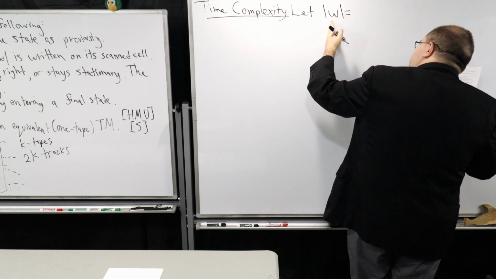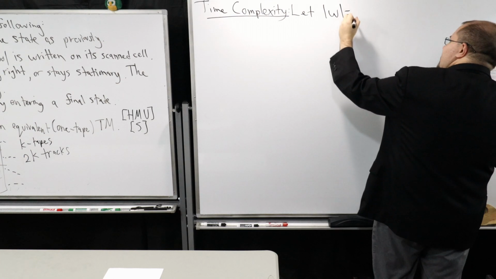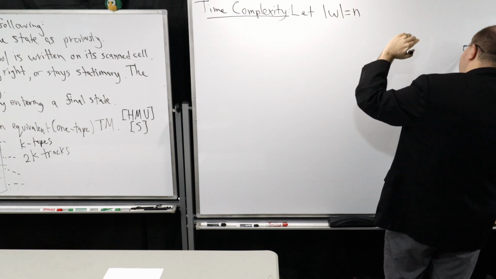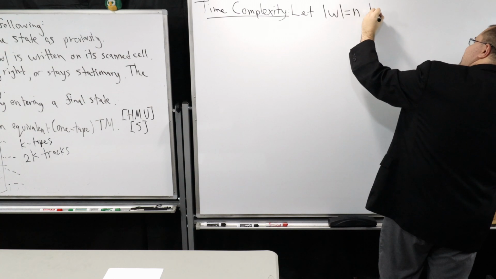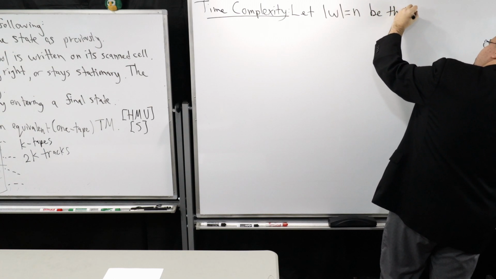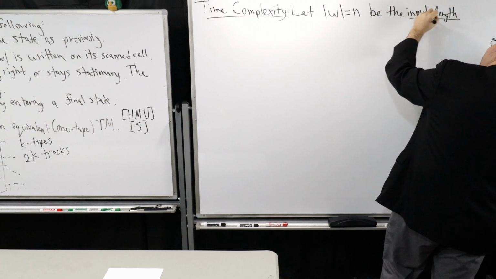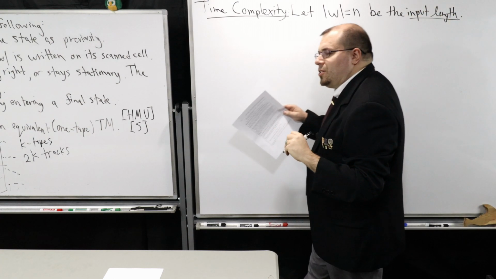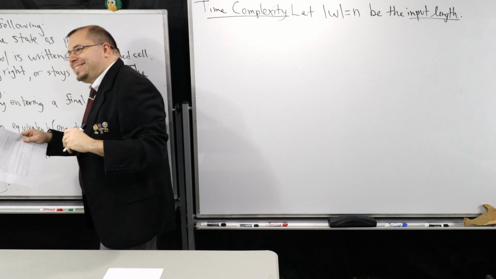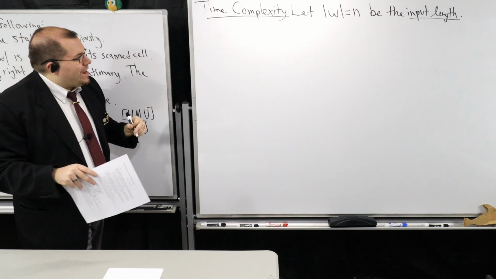If I give you the input w, I'm going to say that the length of w is n. I'm going to call this the input length. You might know this phrase as input size when I encode the instance onto a tape. Just to give you a little bit of hindsight about this.